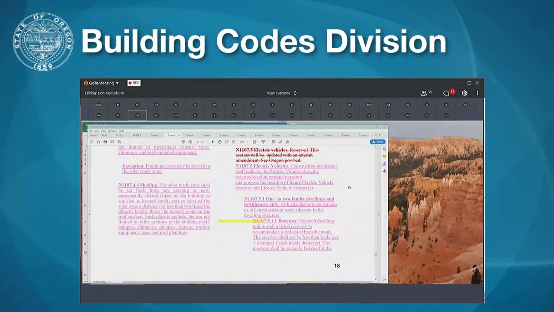They are unable to get the requisite solar exposure. And so I'd be happy to share that language. Of course, I'm not advocating for inclusion or anything in particular, but we do have language that we've worked through on exceptions.